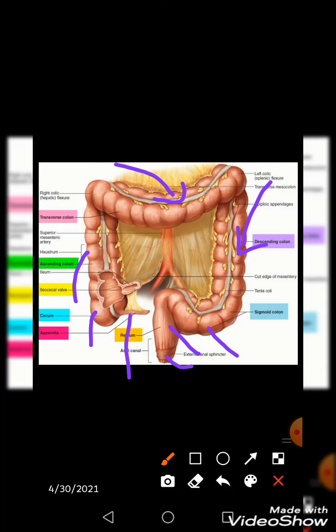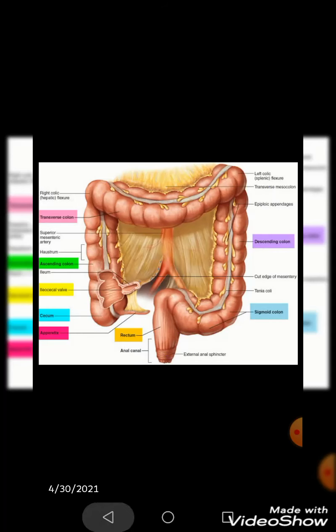First of all, we are going to discuss a few functions of your large intestine. The large intestine has the major function of absorption of water and electrolytes. Why? Because all the contents that are added to your food are now taken as nutrients, and now we are supposed to get rid of the semi-solid fecal material from our body.